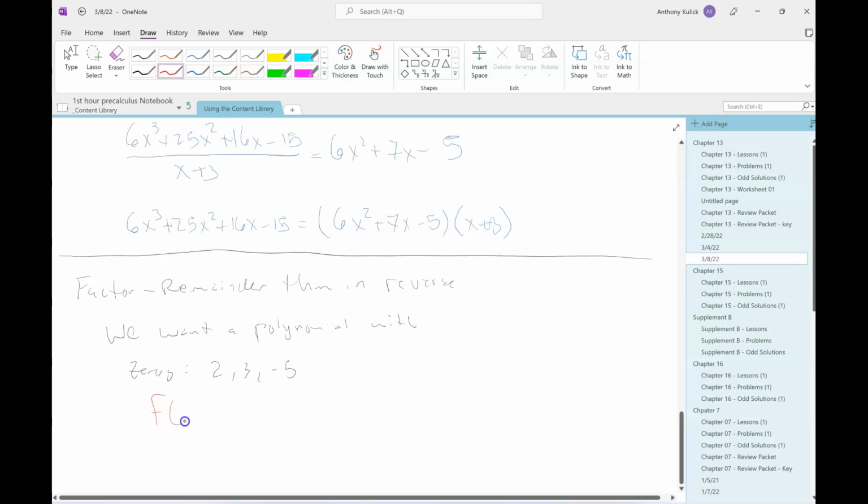So what we want is f of 2 should equal 0, f of 3 should equal 0, and f of -5 should equal 0. Right?